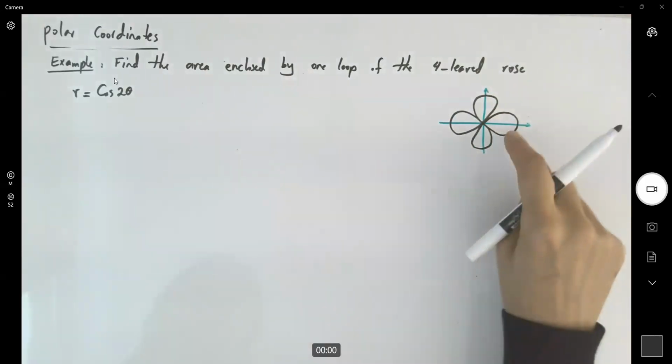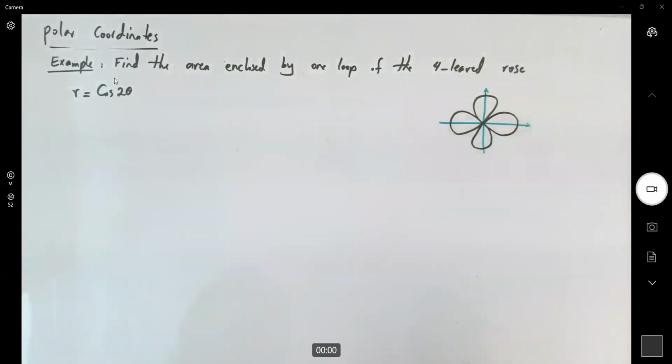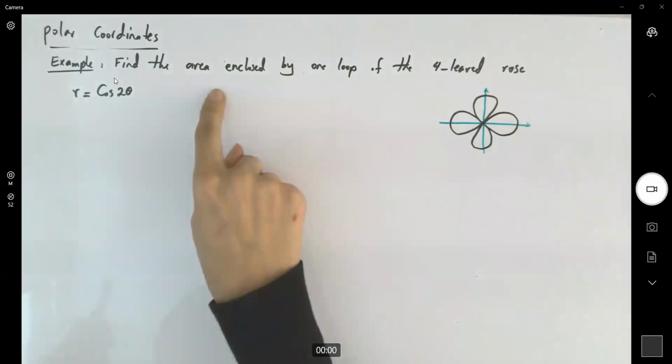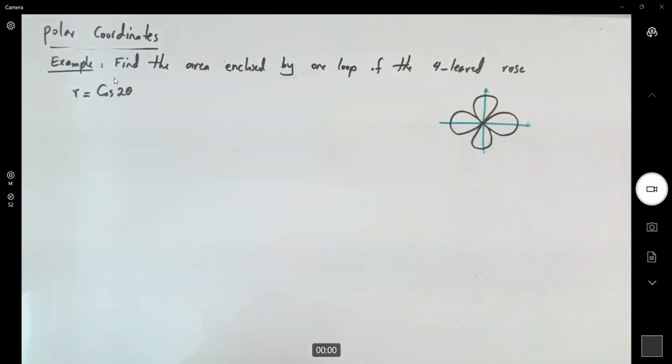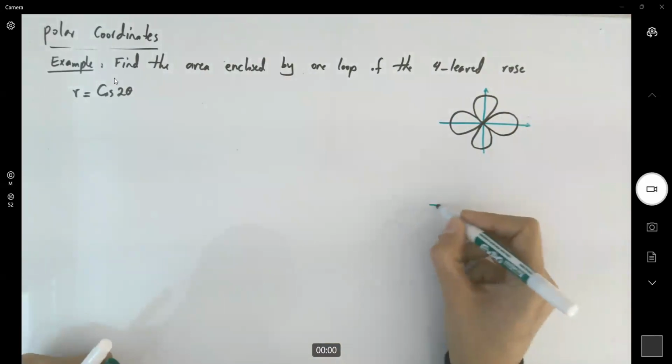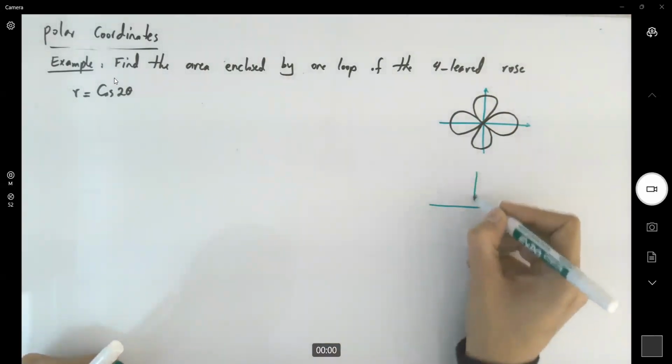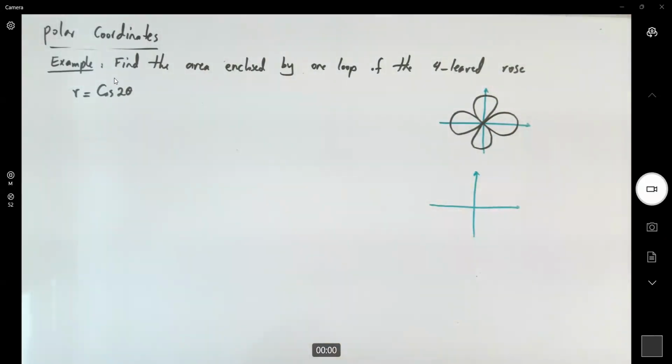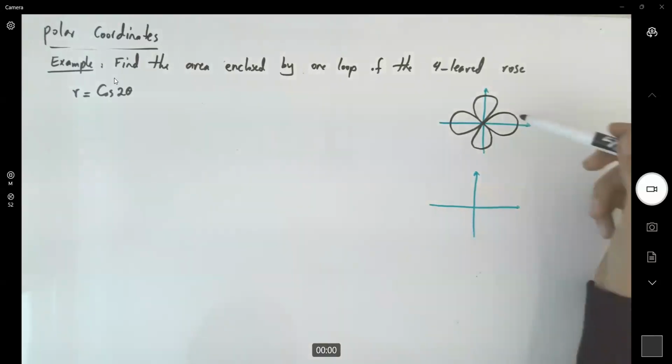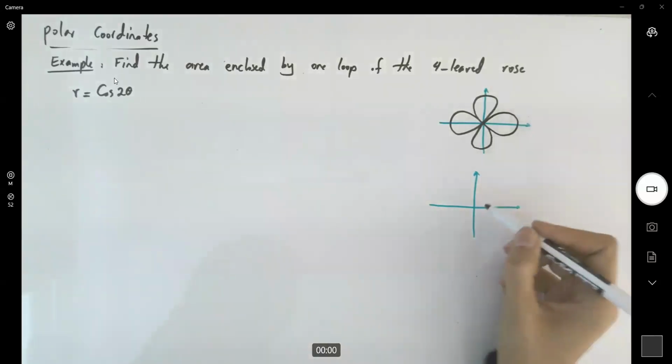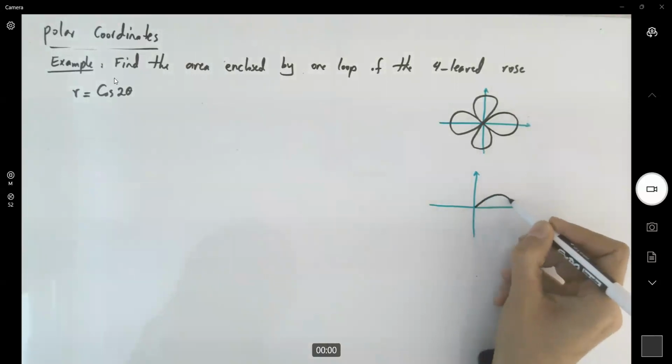Okay, so let's just focus on one leaf here, because the question says just one loop. I'm going to take the loop crossing the very first and fourth quadrants.